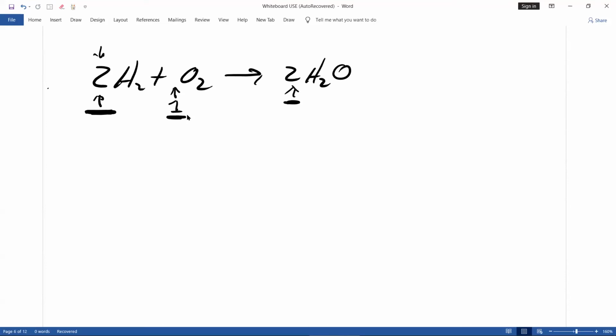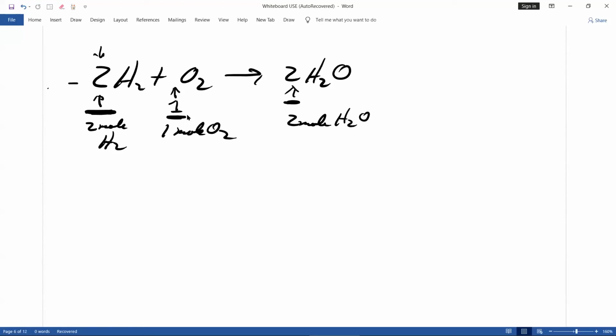Again, the number in front is the molar quantity. Now, you can say molecules or atoms, but now you know that's 2 moles of hydrogen reacting with 1 mole of oxygen to give 2 moles of water. And this is true for any balanced chemical equation.